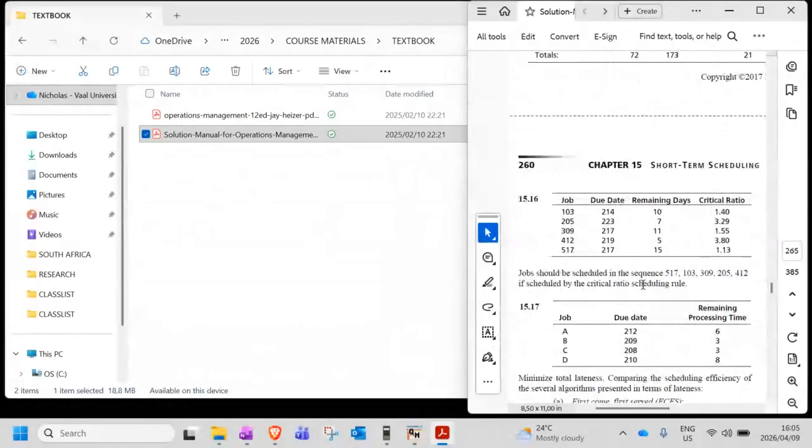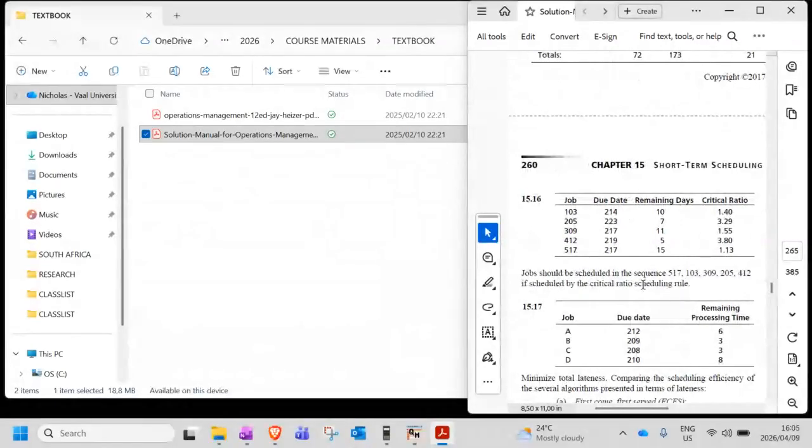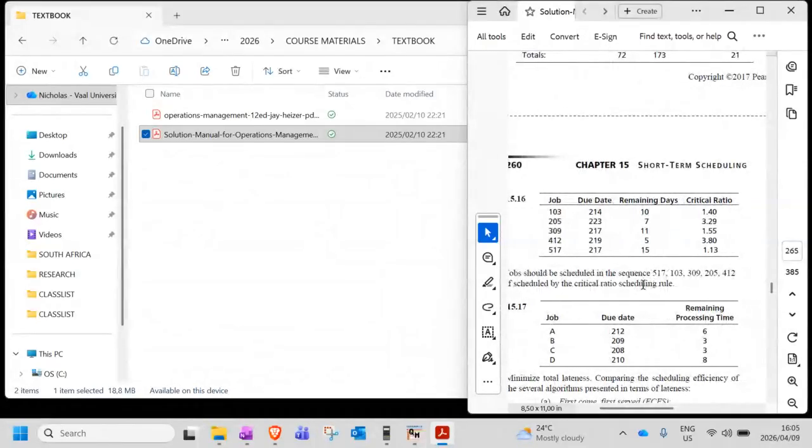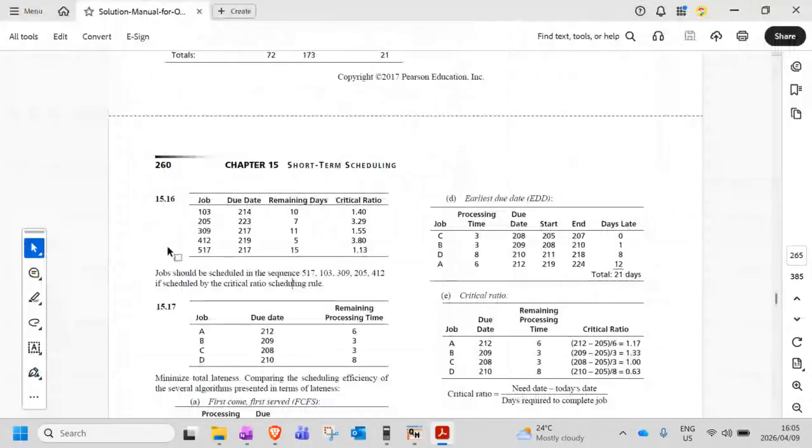What's happening here? I want to see. 214 due date, yes. 10 days. Oh, they're only sorting. They're not necessarily solving it.